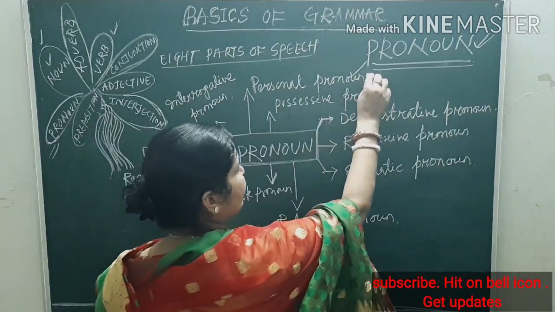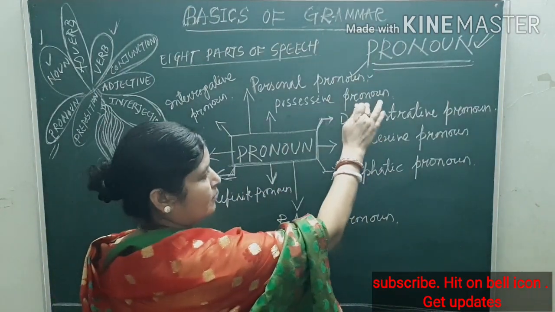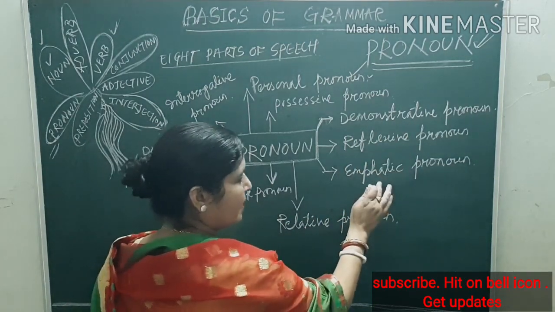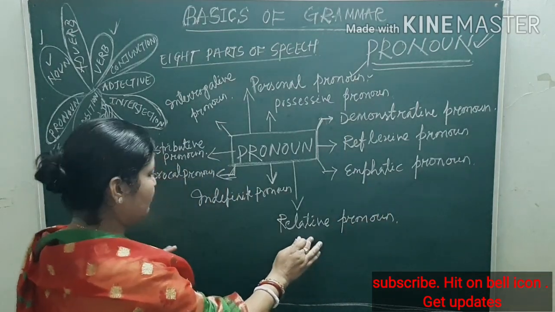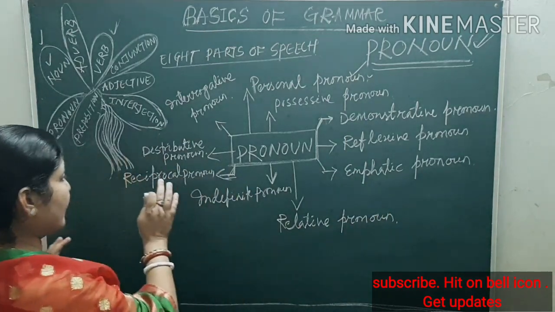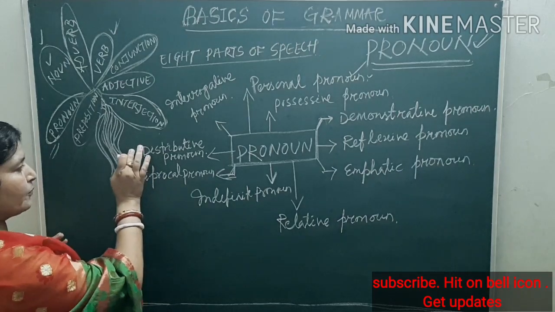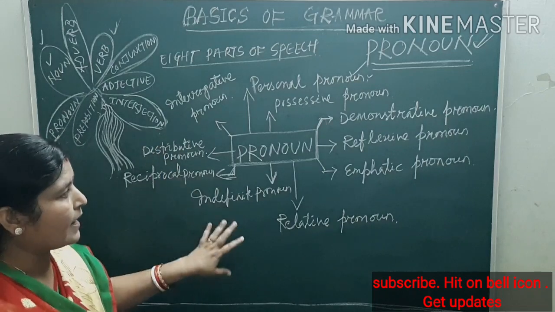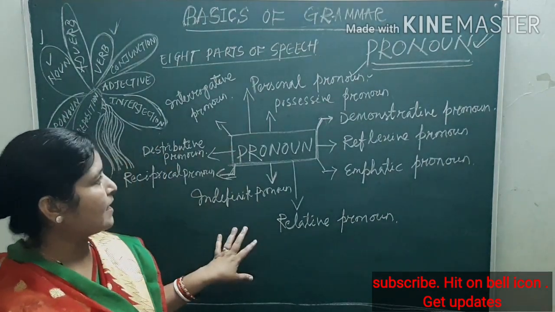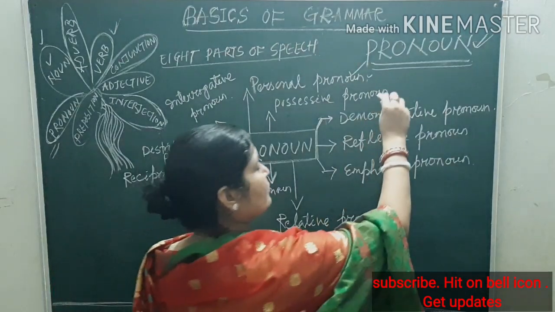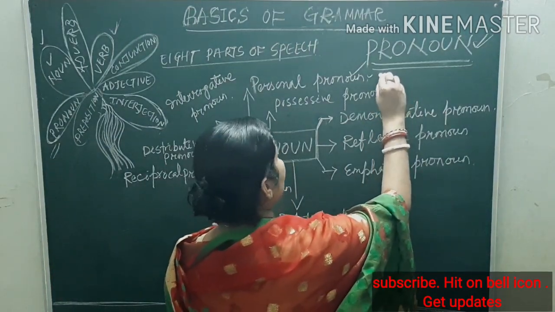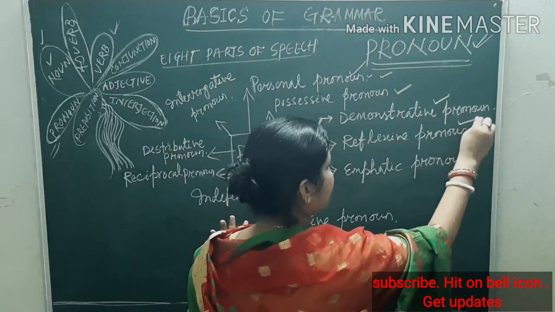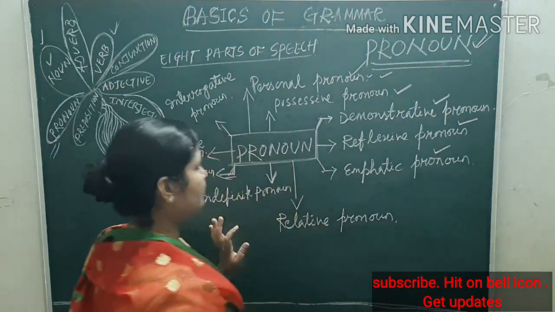First, personal pronoun, possessive pronoun, demonstrative pronoun, reflexive pronoun, emphatic pronoun, relative pronoun, indefinite pronoun, reciprocal pronoun, distributive pronoun, and interrogative pronoun. Today's class we are going to discuss 5 kinds of pronoun: personal pronoun, possessive pronoun, demonstrative pronoun, reflexive pronoun, and emphatic pronoun.